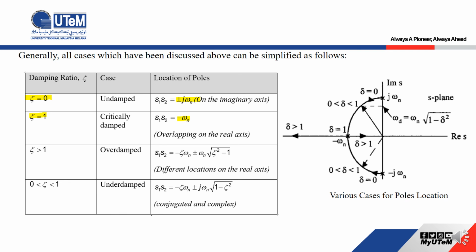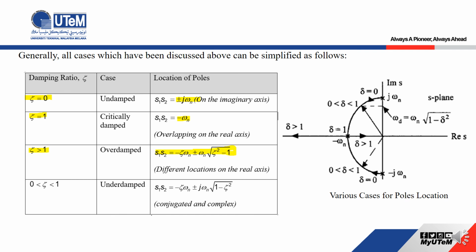For the overdamped case, zeta should be greater than 1. In this case, both poles, called S1 and S2, are located on the real axis but at different locations. We can use this equation to represent the location of the poles for this case.